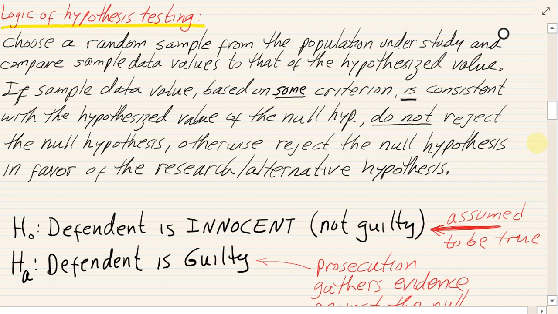So what is the mathematical basis for the logic stated up here? It turns out that the mathematical engine behind the scenes, if you will, of hypothesis testing is based on proof by contradiction. That's what that is. Very simple, which is a valid way of proving conjectures and assertions and theorems in mathematics.